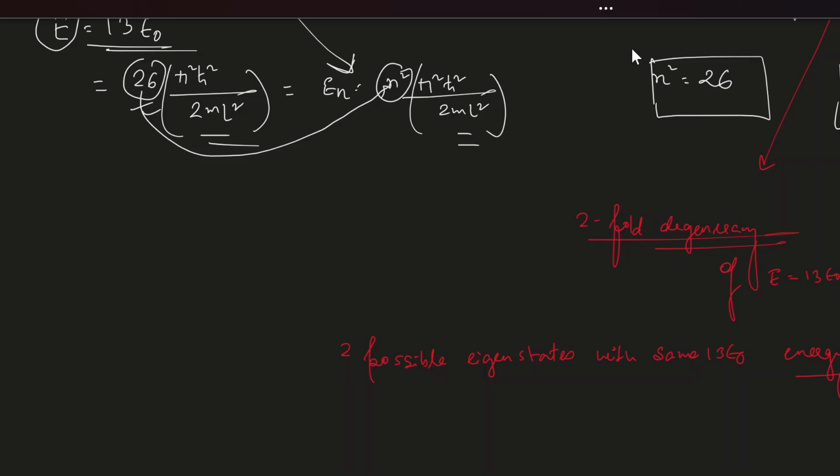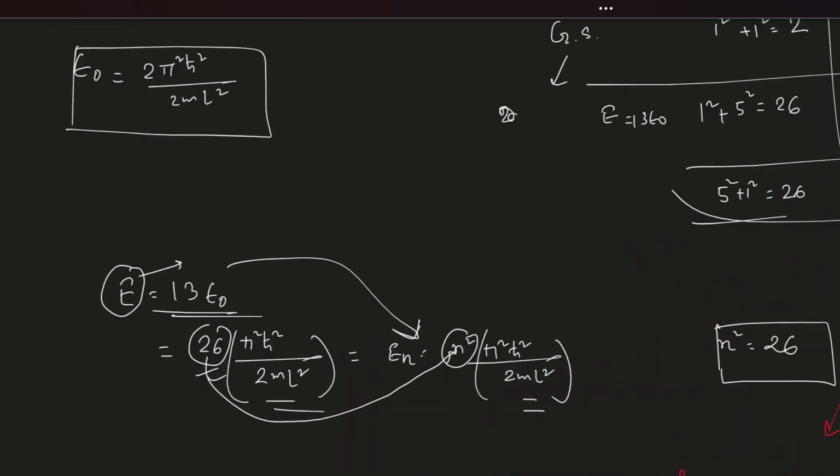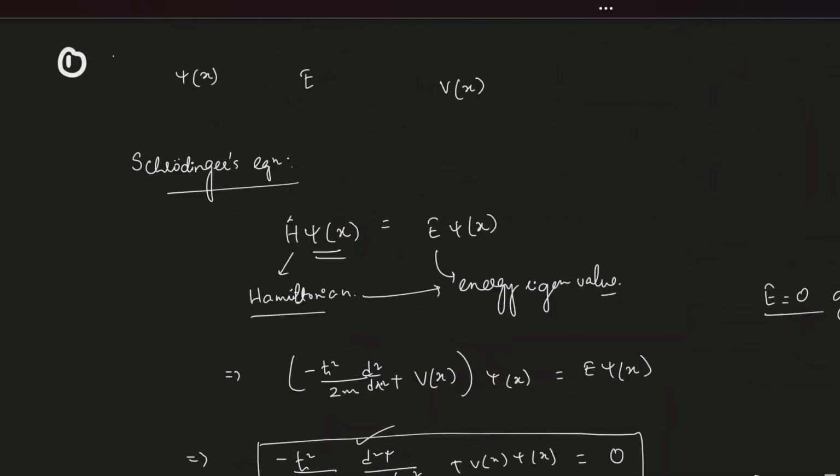And what are those? One combination is when n1 equal to 1, n2 equal to 5. The second combination is when n1 equal to 5 and n2 equal to 1, right? So this is true that this is twofold degenerate. In the problem it was given whether twofold degeneracy is true or not. So the answer is it is true.